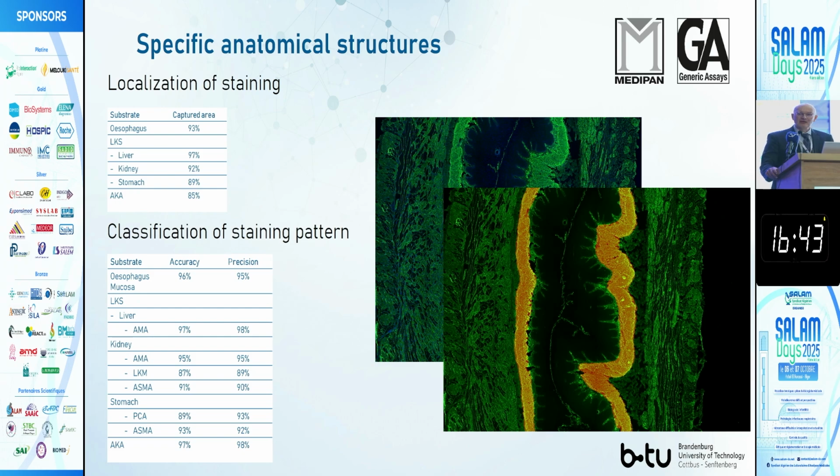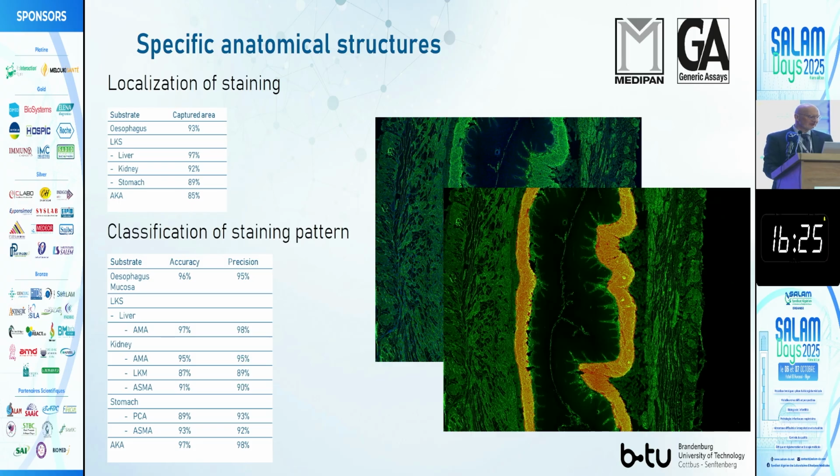But when we use artificial intelligence methods, we can identify this particular layer, and we can confirm a positive immune reaction with this particular autoantigenic target.